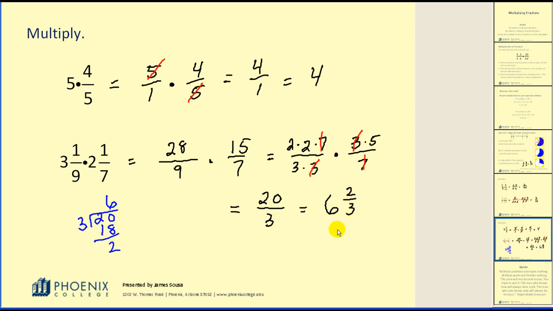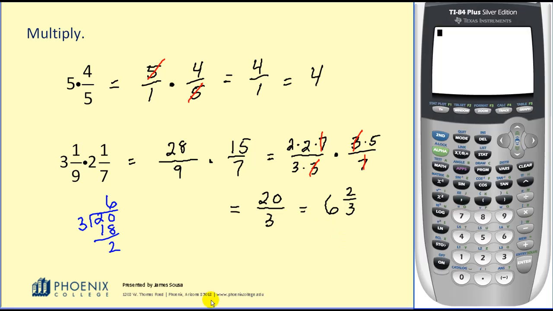Okay, now I did say that I would show you how to verify these on the graphing calculator. So let me go ahead and open up my graphing calculator and show you. Let's just take a random problem. Let's say I want to multiply 7/8 times 2/3.